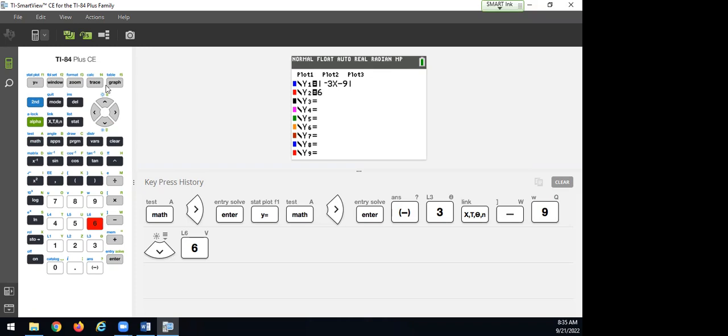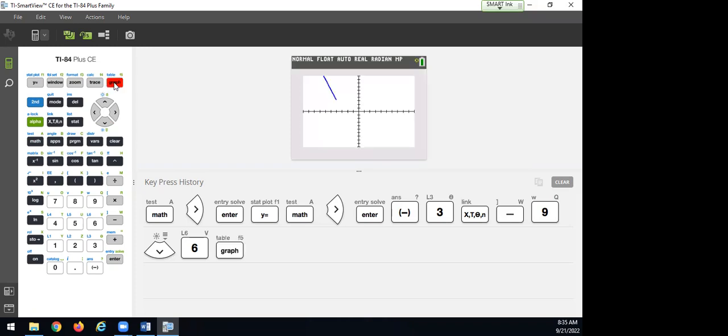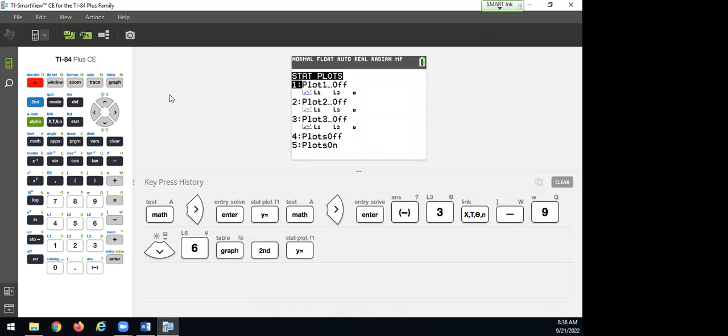So let's go to graph. If you're not seeing your graph, you can always increase your window values. If you're not seeing your graph, it could be either of two things: you need to change your window values, or you need to turn your stat plot off. To turn the stat plot off, go to second and then y equal and make sure the stat plot is off.